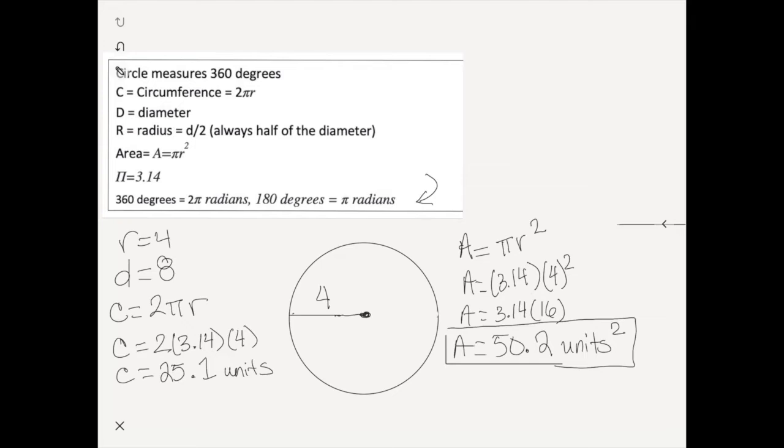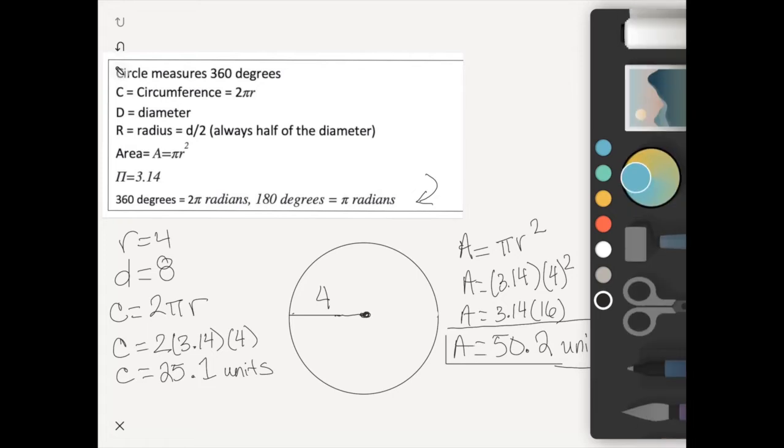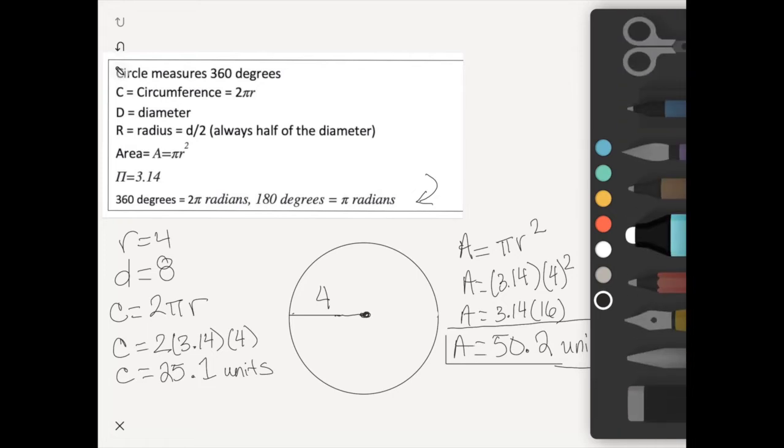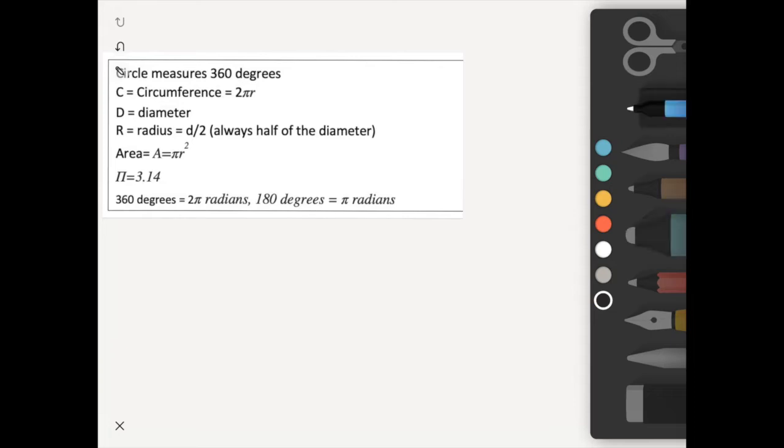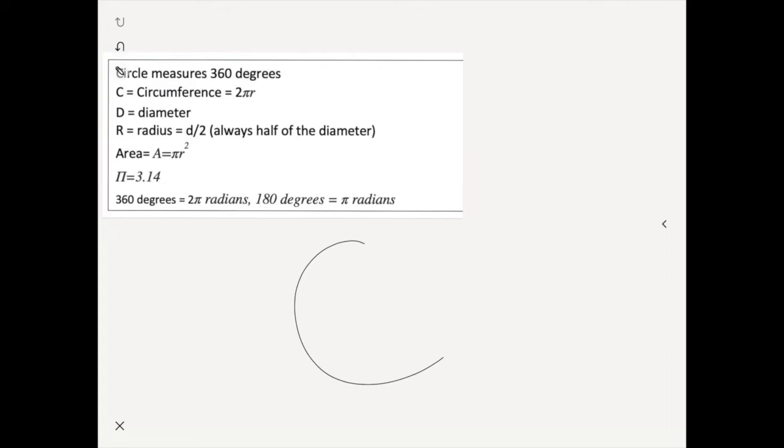Let's do another example. So I'm going to erase all of this. And I'm going to do one more. Let me draw another circle. So here's my circle. And let's say this time I'm given the whole thing as 22.